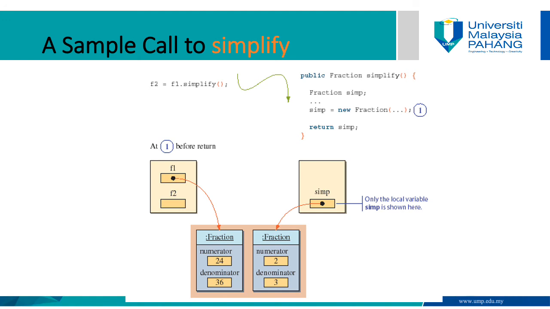So what is the value of simplify here? The value of simplify here, we will get from the simp value that we get from the Fraction class. So f1.simplify will get the value from the Fraction class.